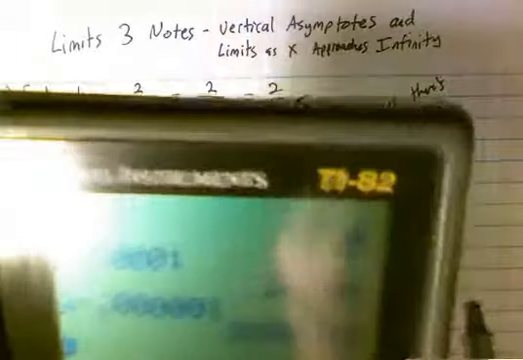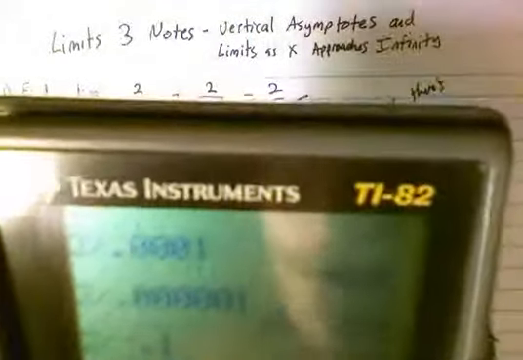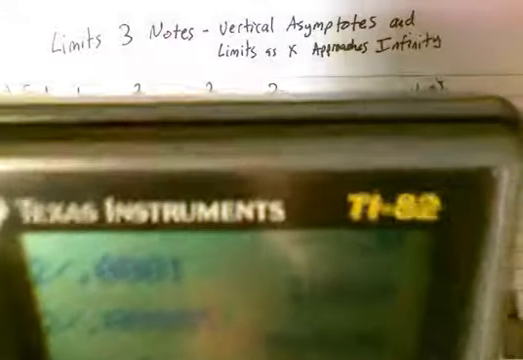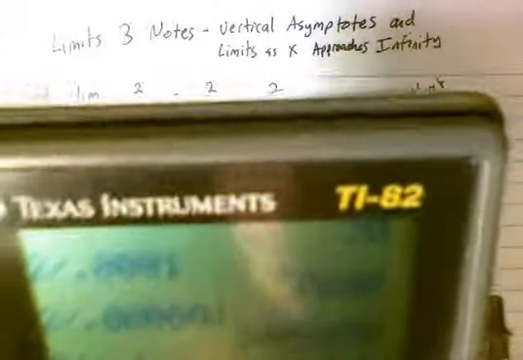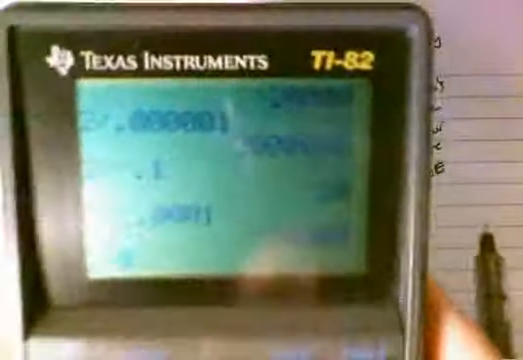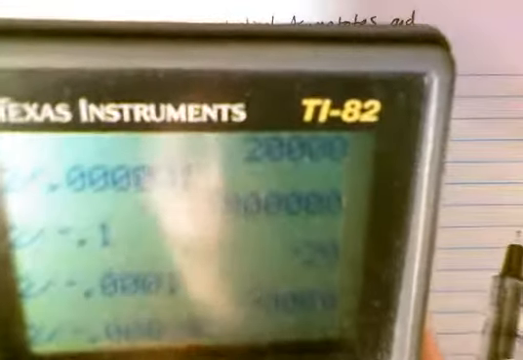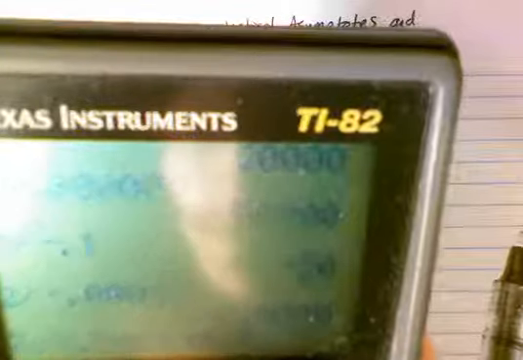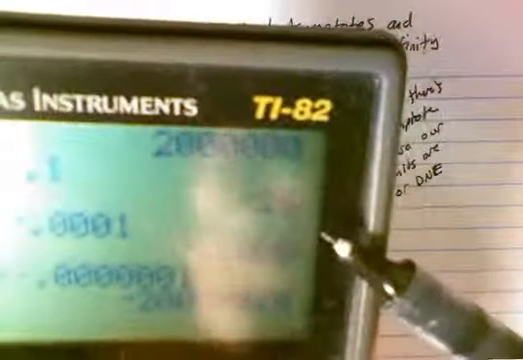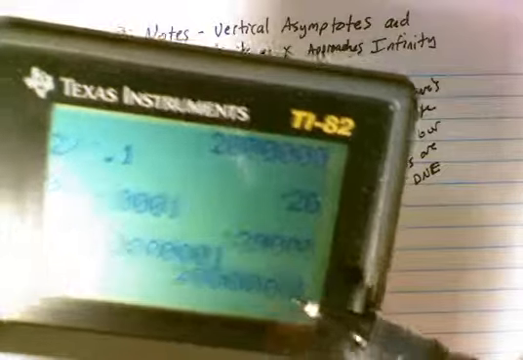And if we do the same thing with negatives, so 2 divided by negative 0.1, 2 divided by negative 0.0001, 2 divided by negative 0.000001, we can see that these numbers are getting more and more negative.